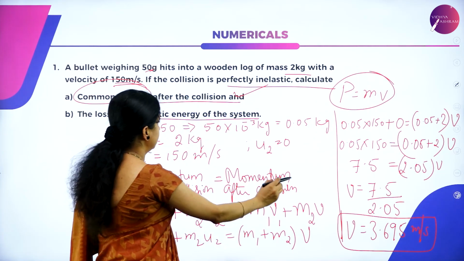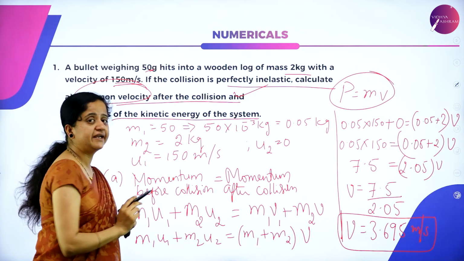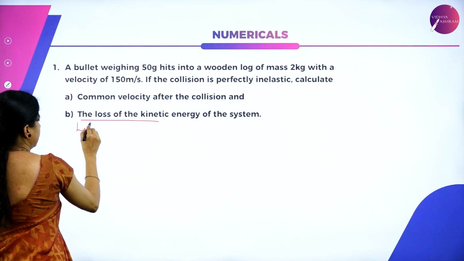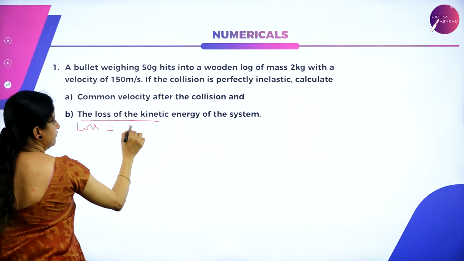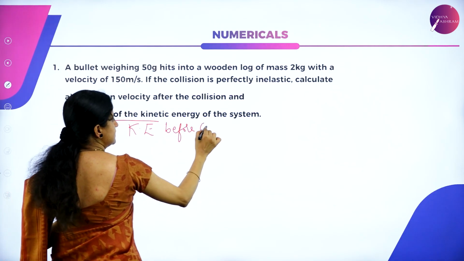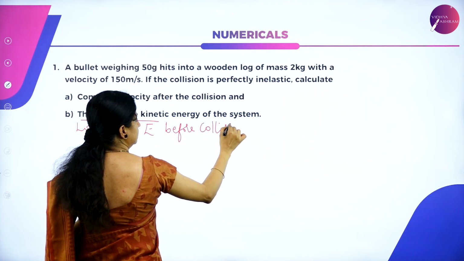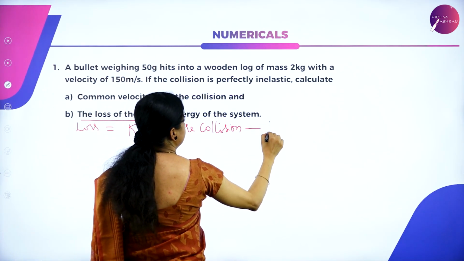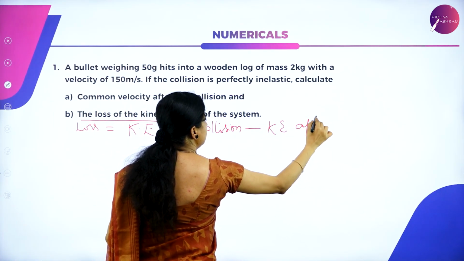Now we have to calculate the loss of kinetic energy of the system. So loss of kinetic energy can be calculated by taking the difference between kinetic energy before collision and kinetic energy after collision.